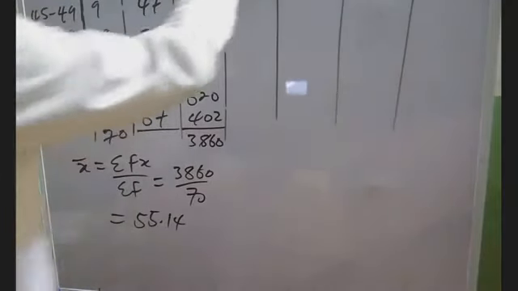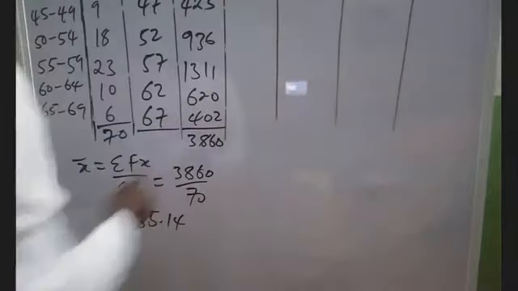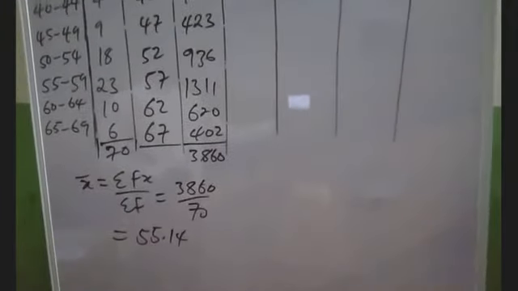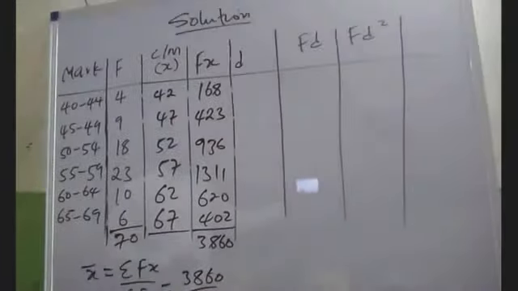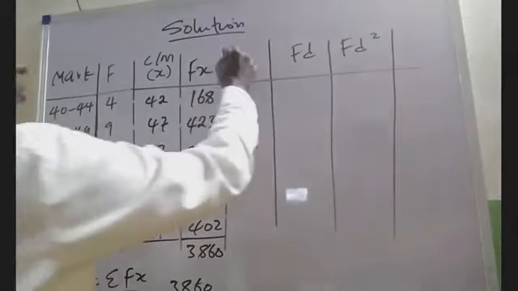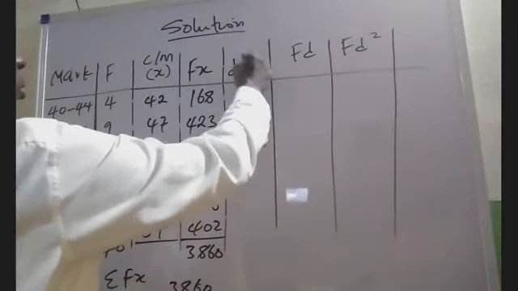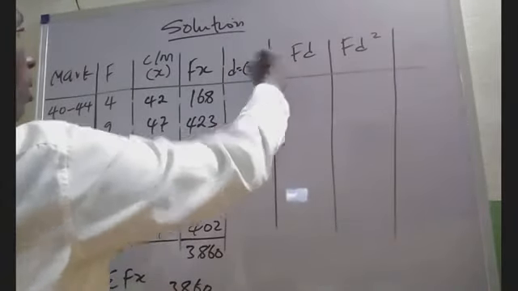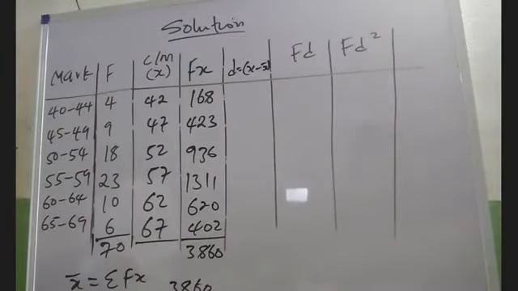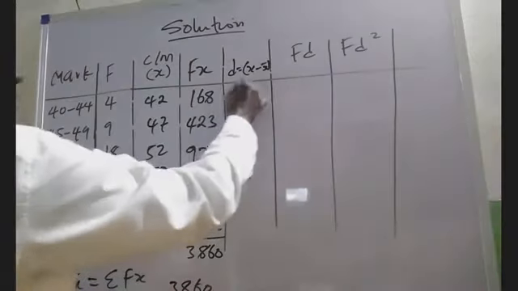So here we have deviation. You know that deviation is your x minus x bar. So we have 42 minus 55, which is minus 13.